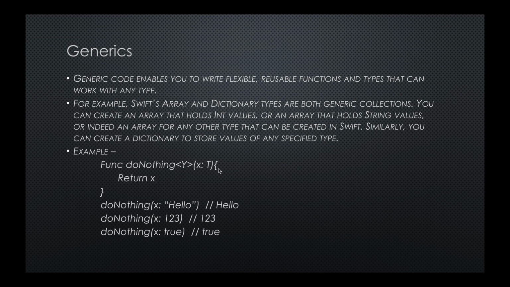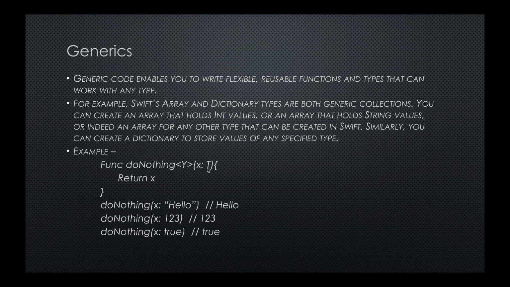You say <T>. So by writing this, it says that over here this x and this T, x is like our normal function, right? So you just give a name to your parameter, and then T means it can have any kind of data type.